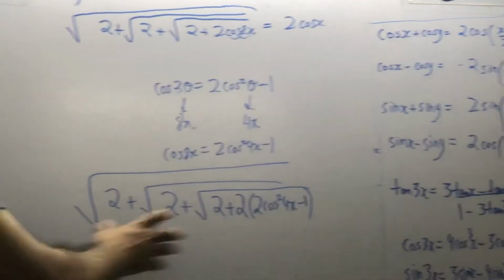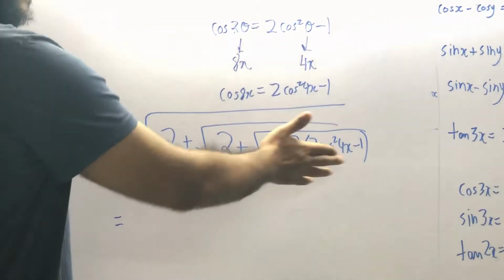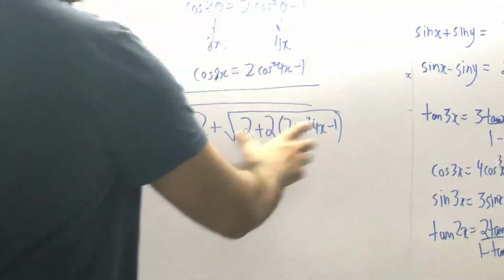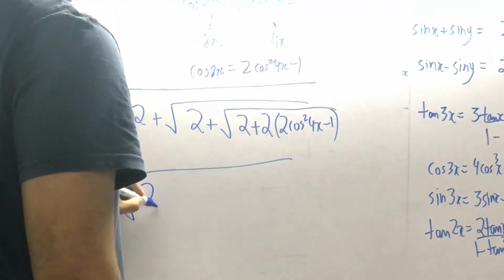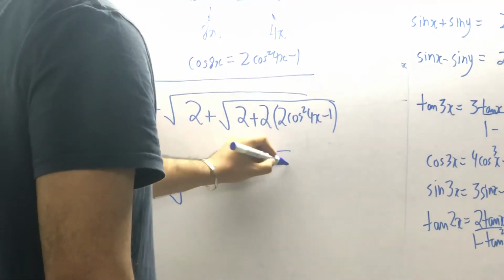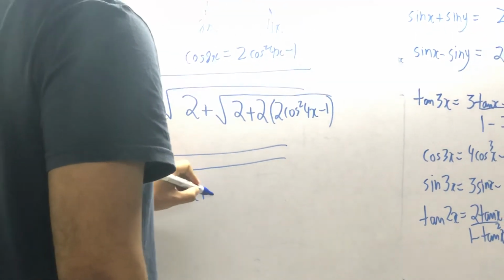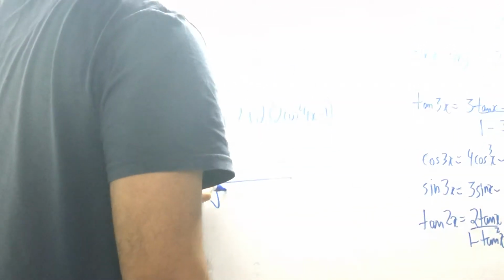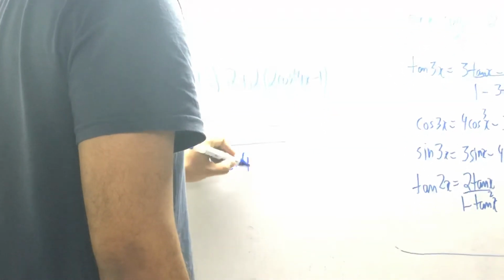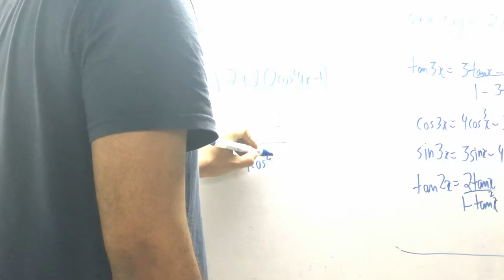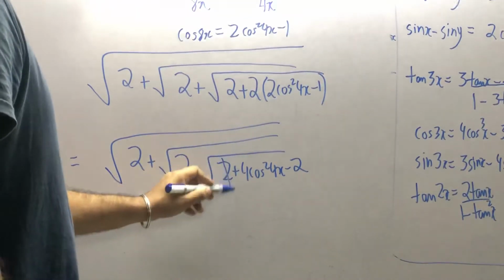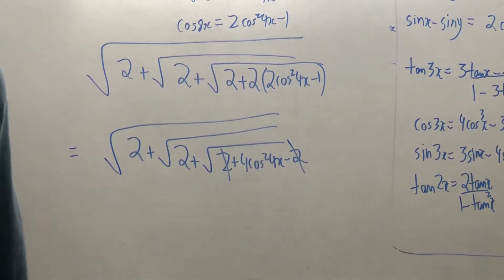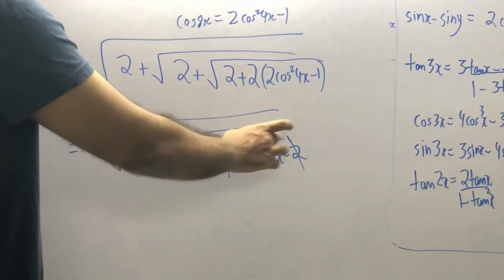Now I will just open the bracket. So 2 and 2 will be cancelled, right? What is remaining in the whole square root?